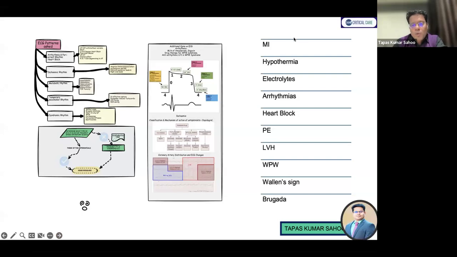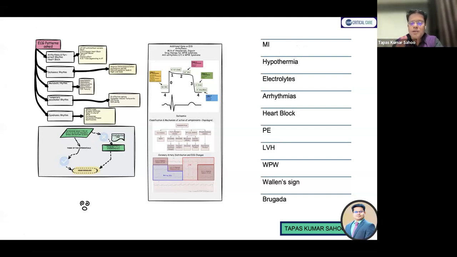The questions normally asked from the ECG are MI, all types of MI. You have to remember the ECG findings. Hypothermia, environmental factors that may be asked in your exam. Electrolytes: hypokalemia, hyperkalemia, hypocalcemia, hypercalcemia. Arrhythmias: supraventricular arrhythmias, ventricular tachycardia, atrial fibrillation.